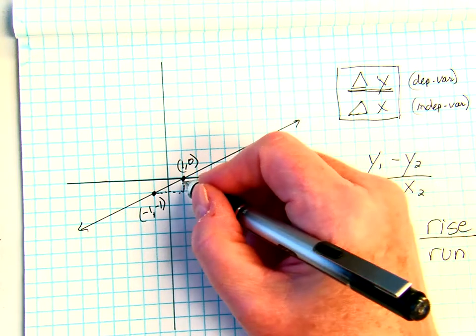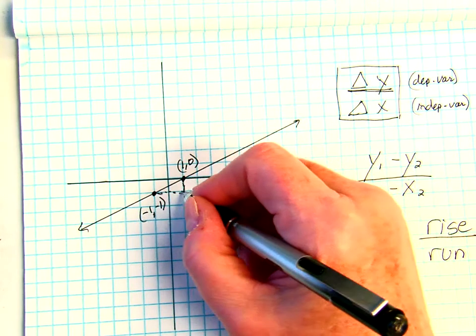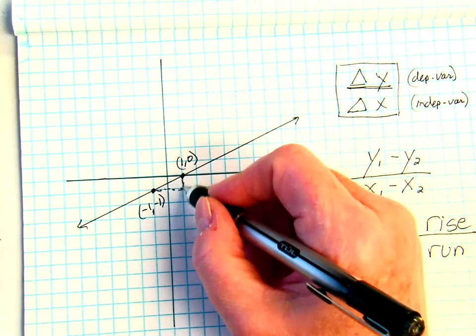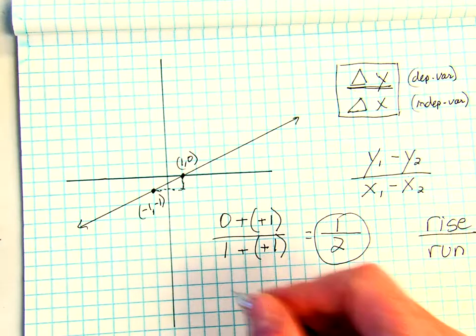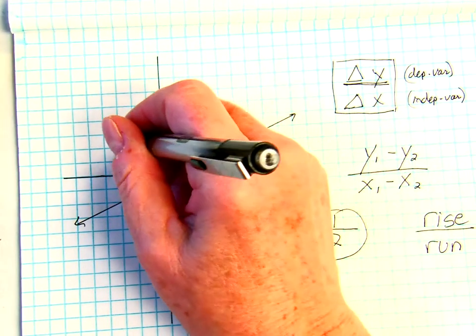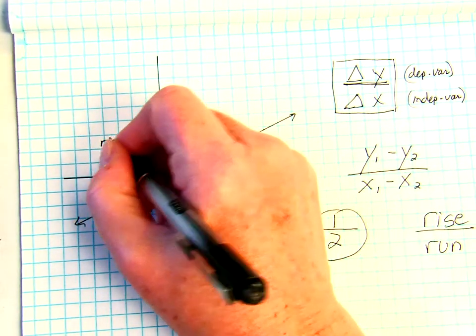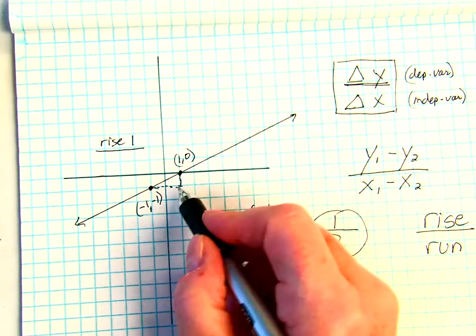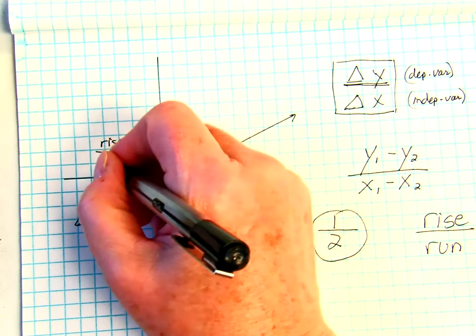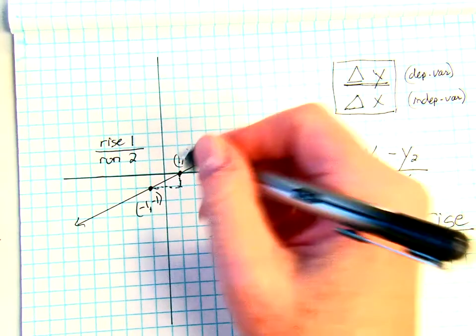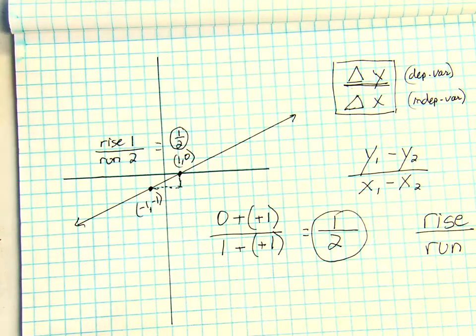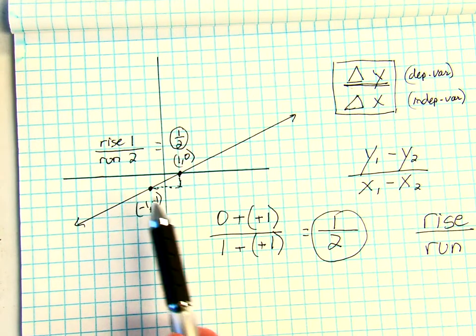So I can look at this right here and say my rise here is just 1. My rise is 1. And my run is 2. So my slope is 1 over 2. We had already figured that out, but it's a different way of looking at it.